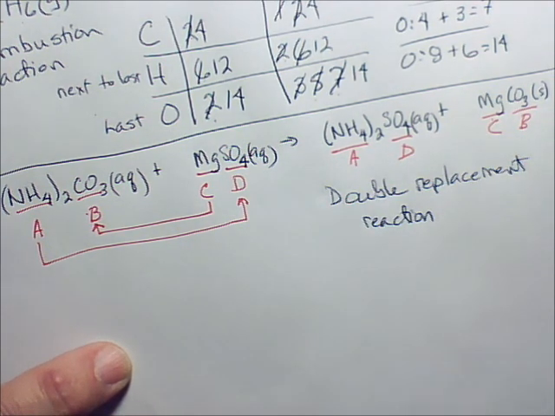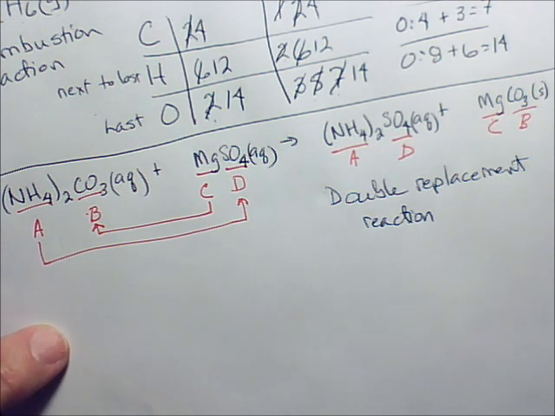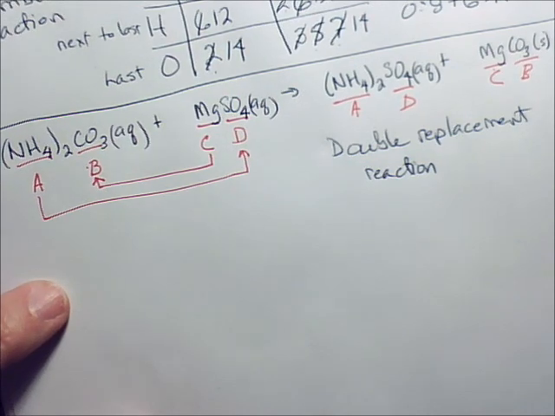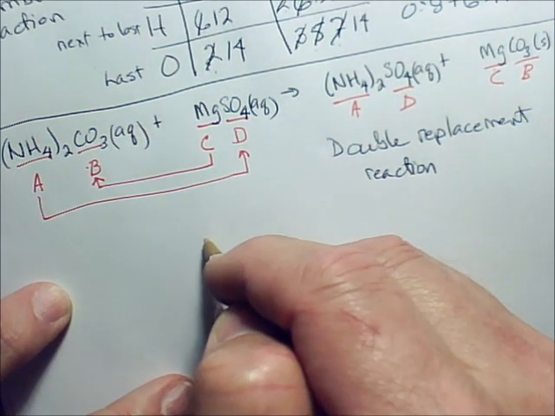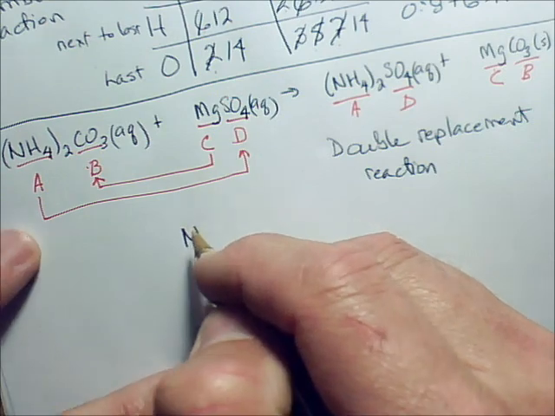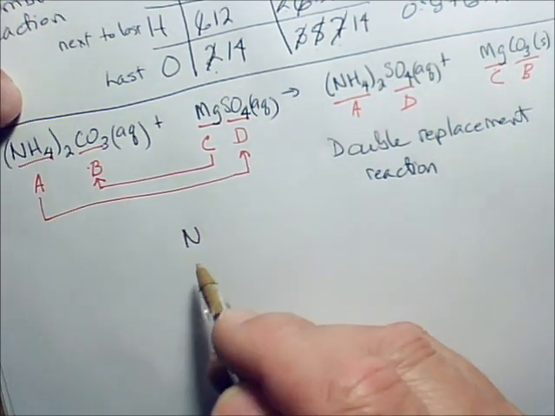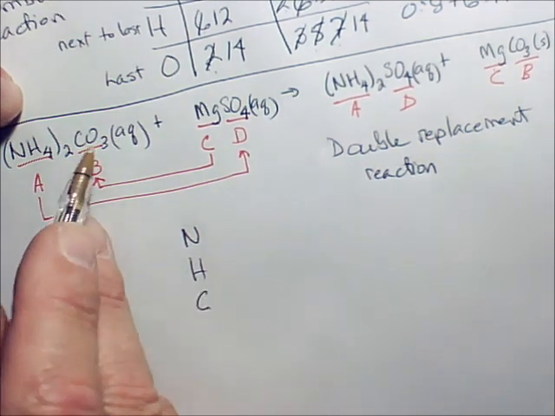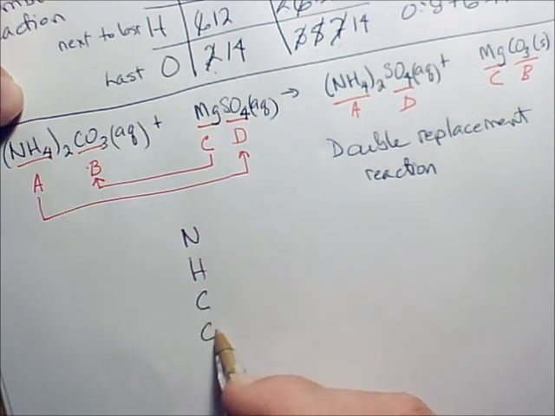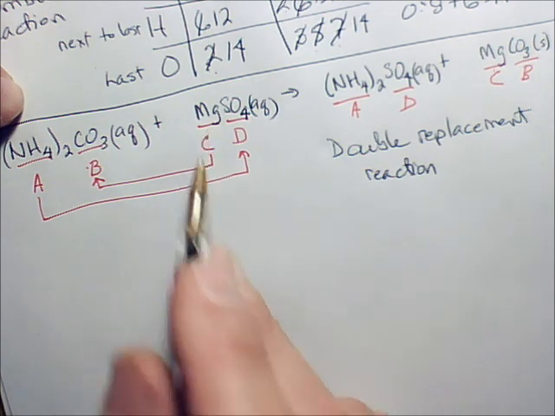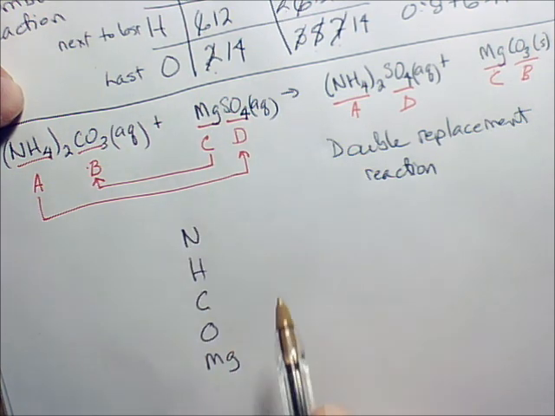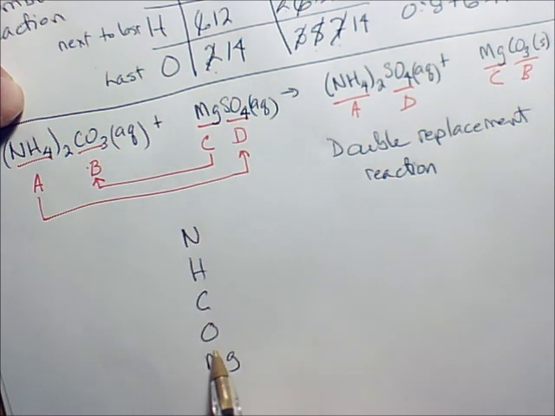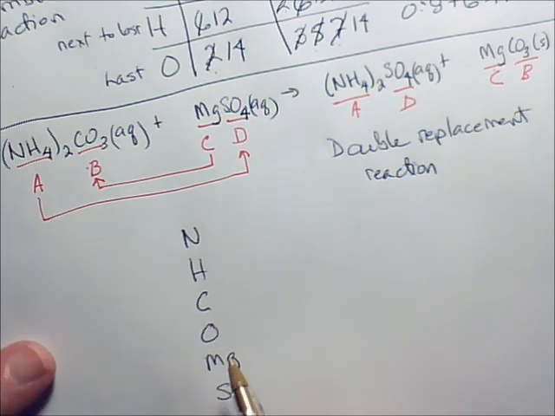Now we need to balance that reaction. What is the process we use for that? AI, or atom inventory. We have to do an atom inventory. So on this side I've got nitrogens, hydrogens, carbons, oxygens, magnesiums, sulfurs, and I've already written down oxygen, so I'll have to write it down a second time.